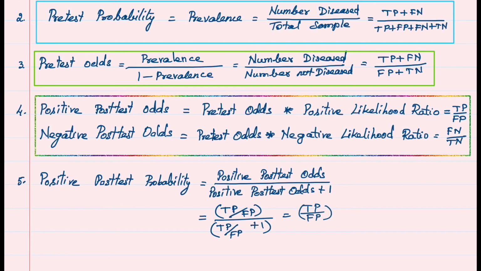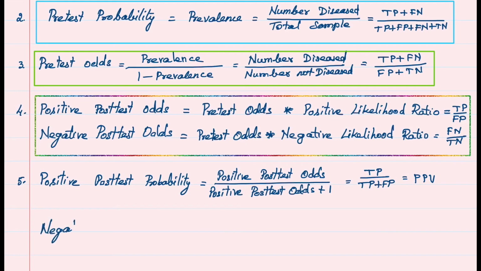We will take LCM. In the denominator, FP is the LCM. We get TP plus FP. These two denominators will get cancelled. It becomes TP by TP plus FP. So it is true positive upon true positive plus false positive. This is same formula as PPV. So positive predictive value and positive post-test probabilities are same.